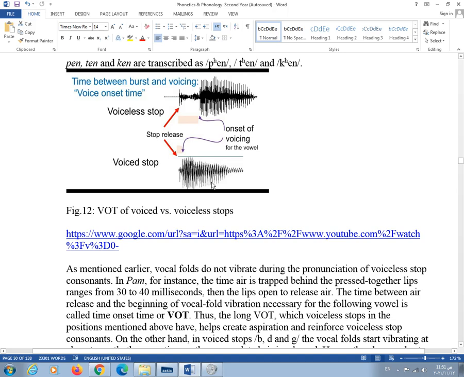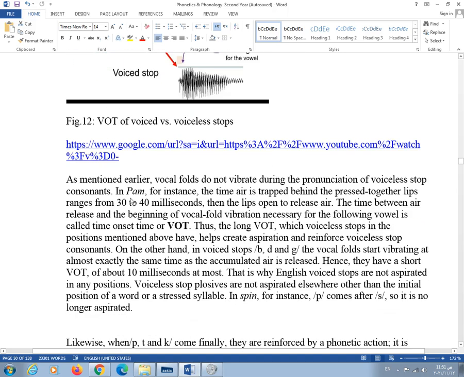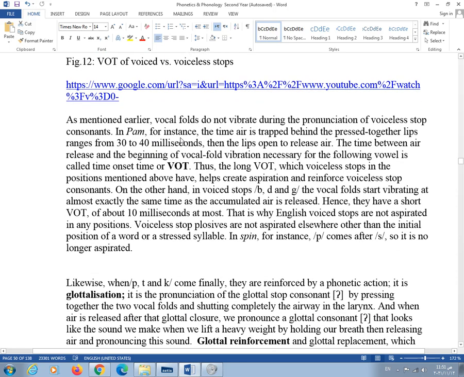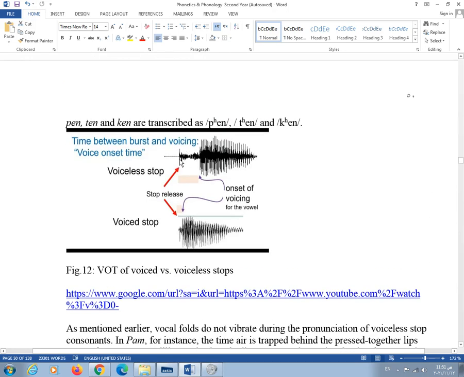Okay, VOT. For example, here I explained it in pam, the time air is trapped behind the pressed together lips ranges from 30 to 40 milliseconds. Then the lips open to release air. The time between air release and the beginning of the vocal fold vibration necessary for the following vowel is called VOT. So it's the time from the release of the sound to the vibration needed for the following vowel in pam, for example.